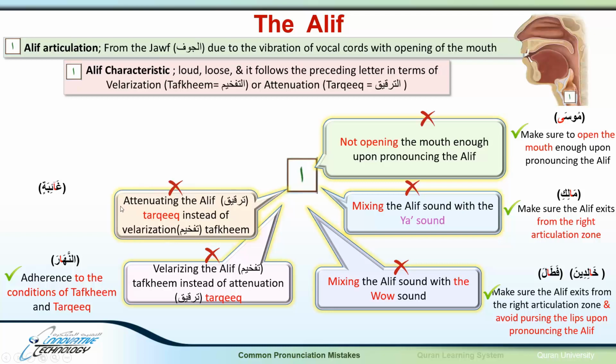Let's listen. This is the right way of pronouncing it, not the attenuated way. Again, we have to adhere to the conditions of tafkhim and tarqiq, like the previous one.